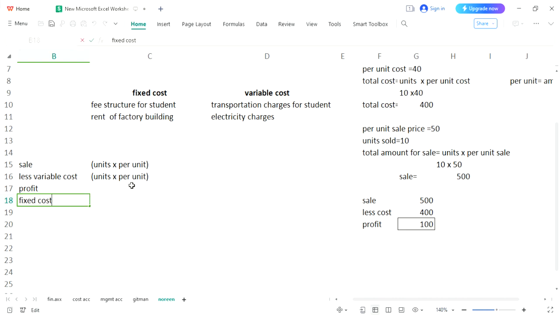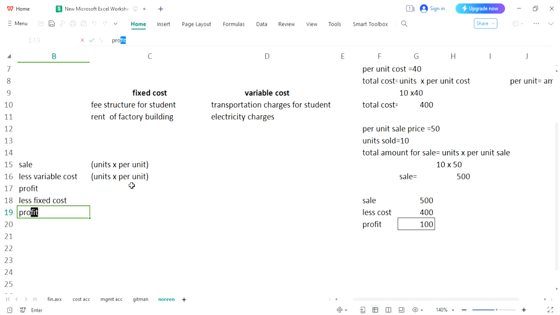Obviously, all sorts of costs are subtracted to get the exact profit. You take sales at the very first step. If you subtract variable cost, you get the profit, and if there is fixed cost as well, you subtract that cost from the profit. Again, you get the profit.